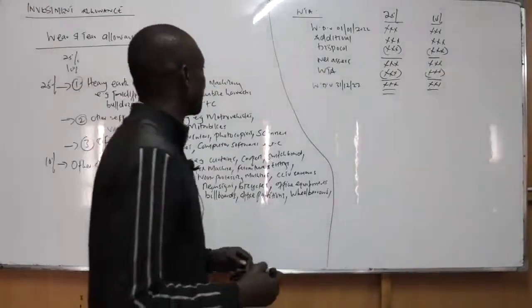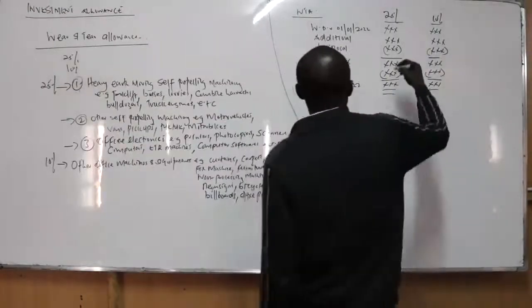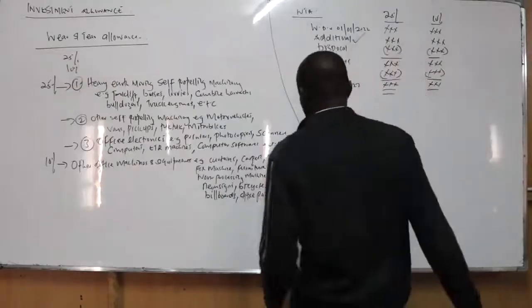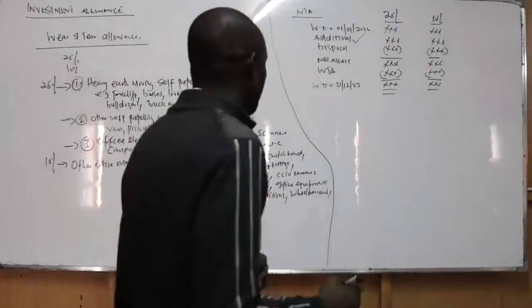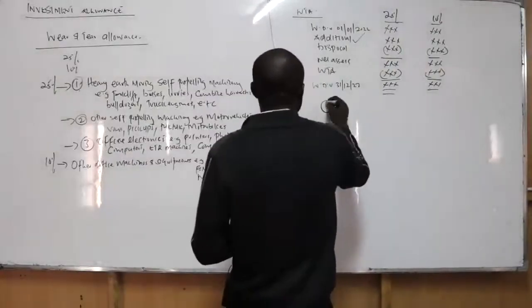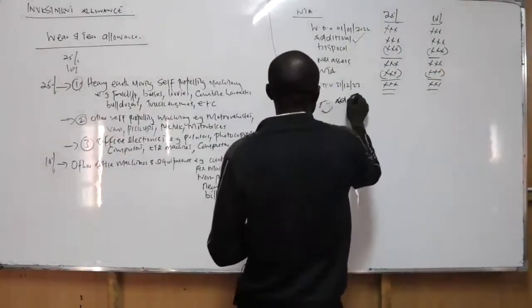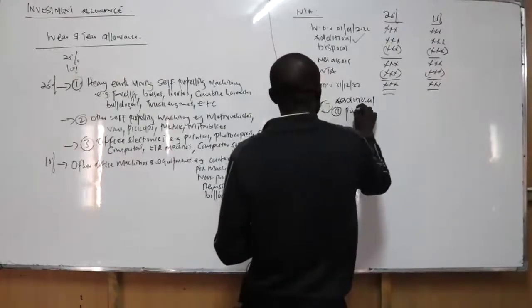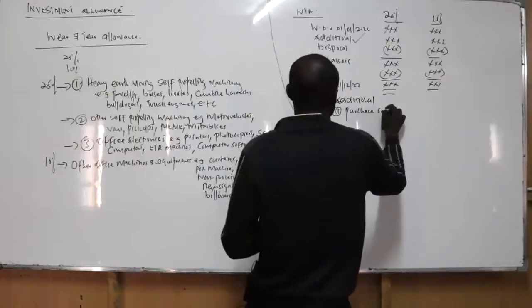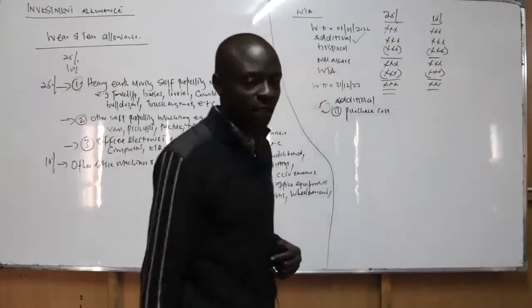Therefore, now you need to understand what we mean by addition of asset. Number one is the purchase cost of the asset, the amount of money that you spend to acquire the asset.